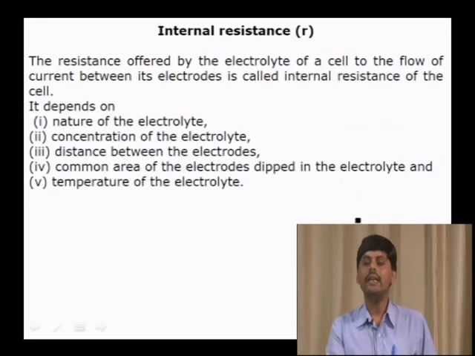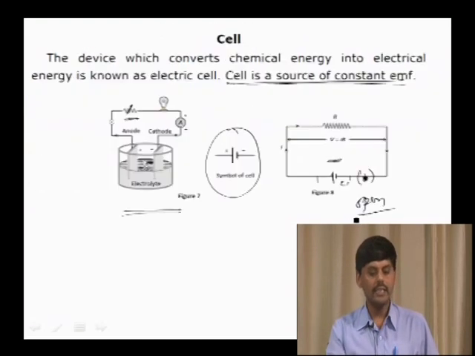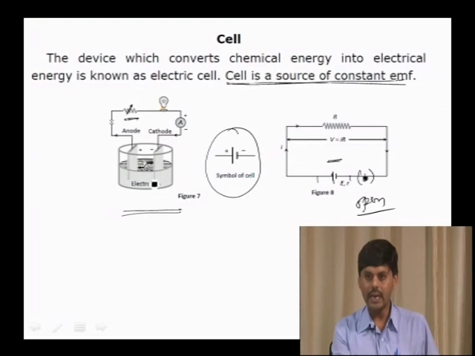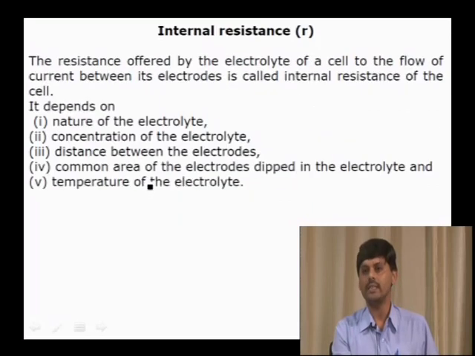Internal resistance: in this cell we have a solution and these electrodes. In this electrolyte solution ions are present, and these ions are exchanged between the anode and cathode. While the ions move, the solution opposes their motion. The opposition offered by the electrolyte to the flow of ions in a cell is referred to as the internal resistance of the cell.